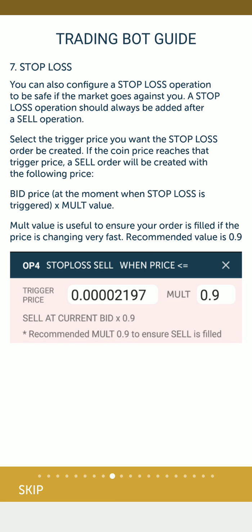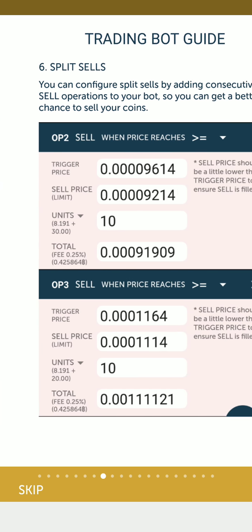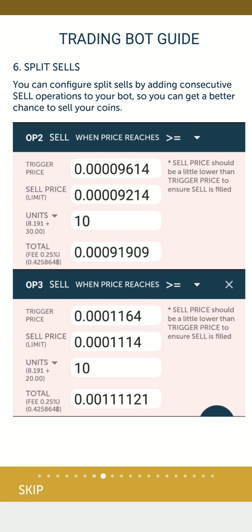And here's the stop loss. I am not a big fan of setting the actual stop loss because I know how the money moves. So, do I use a stop loss? Yes. But I don't have this stuff unlocked on the apps.